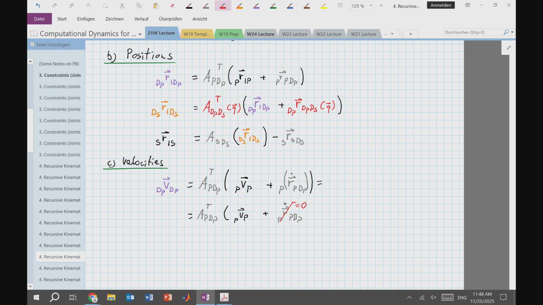So the numerical derivative in p, in body fixed coordinates, is 0. But then I get my cross product, where omega is the rotation of my coordinate system, which equals the rotation of my body. And then I have rp dp in p coordinates.